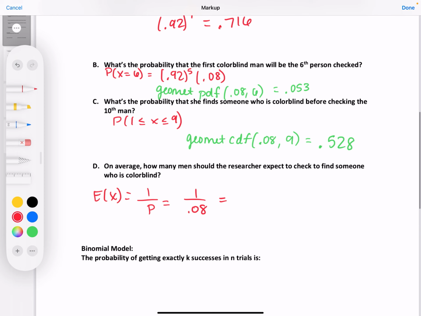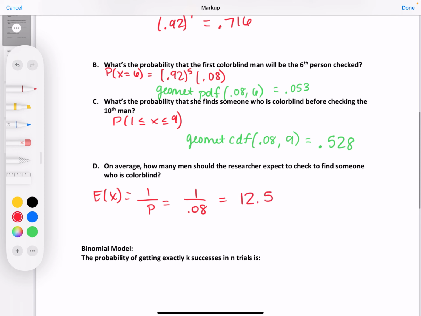I'll tell you, it's not a whole number, if that helps. Yep. Look at you go.